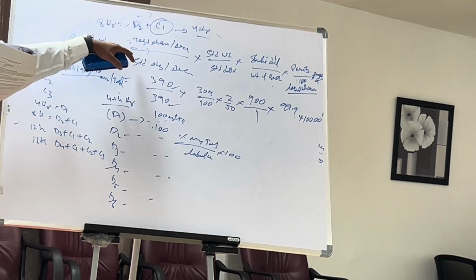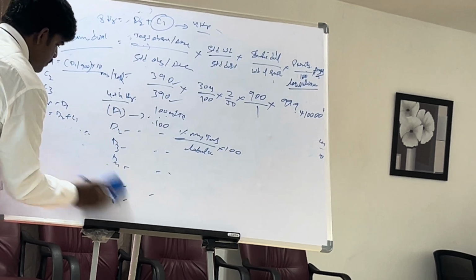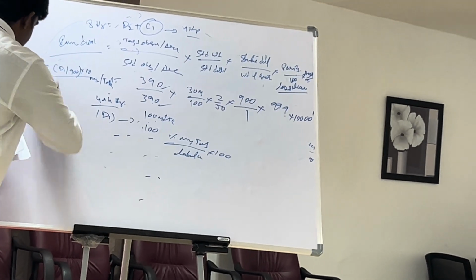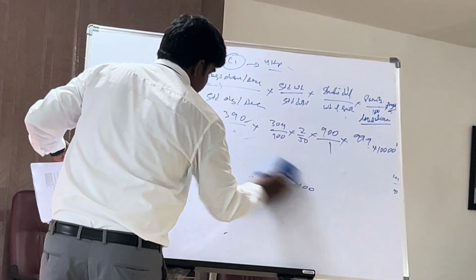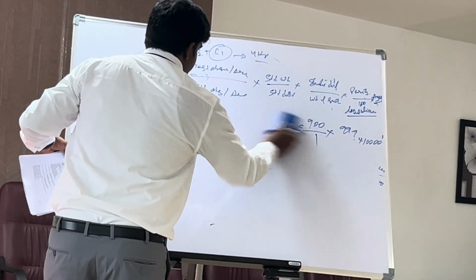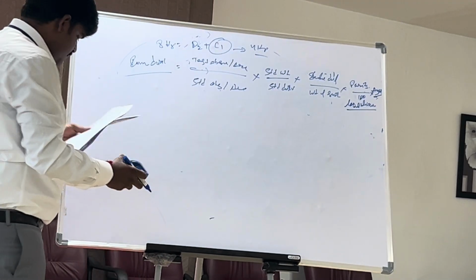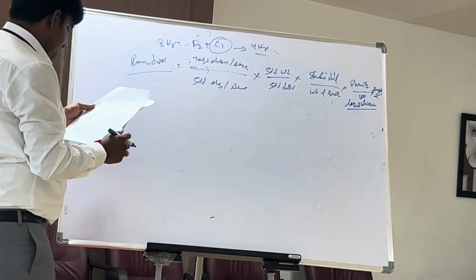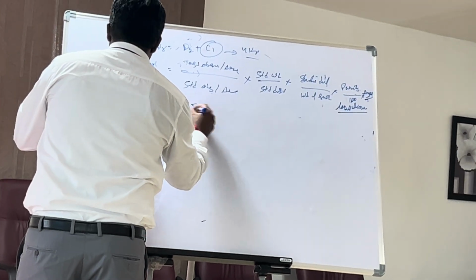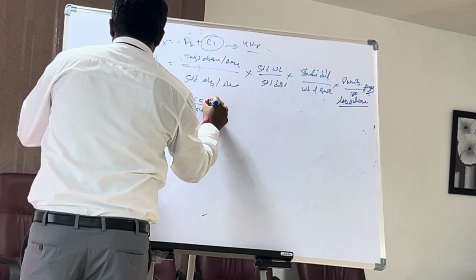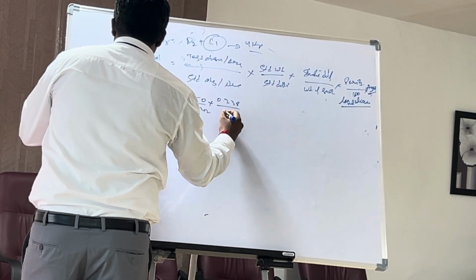For example, here they will get the test solvent area 2150, divided by the standard area 3542, into 0.238, the weight of the solvent.